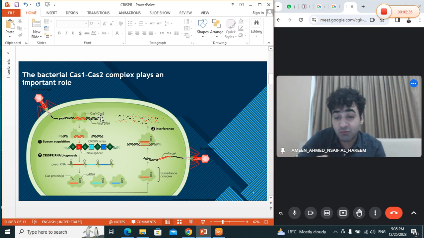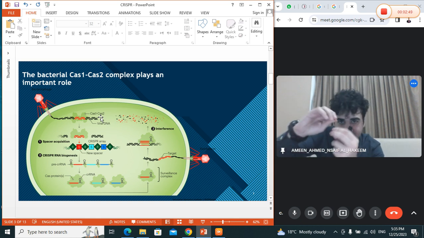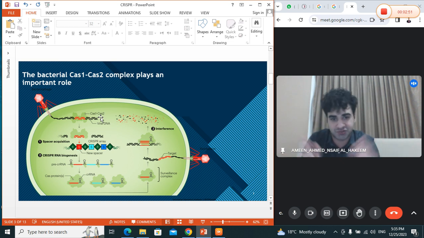We can integrate this in the bacterial genome as a spacer. Cas2 is also involved in this process. However, the key operation is integration of this spacer by Cas1 and Cas2.